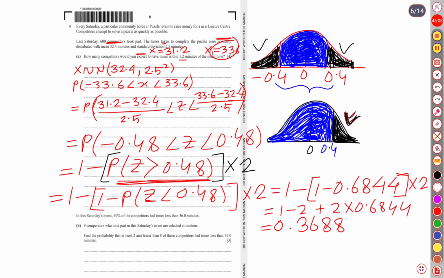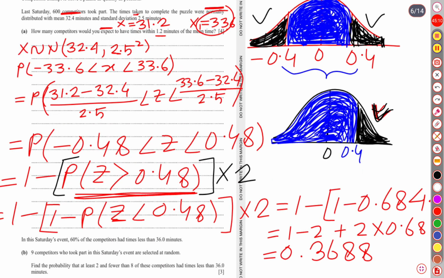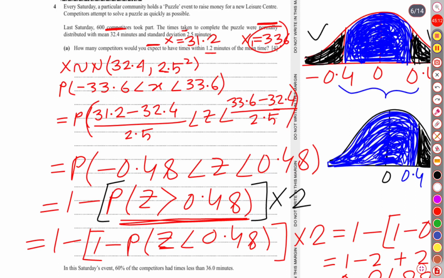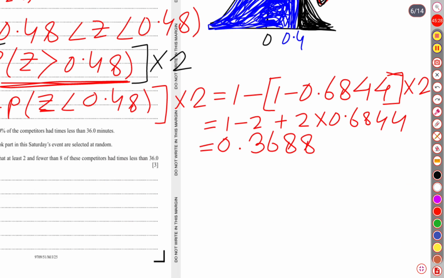Remember, the question told us not to find the probability. The question told us to find the expected value. Expected value means the product of the total number of experiments and the probability.